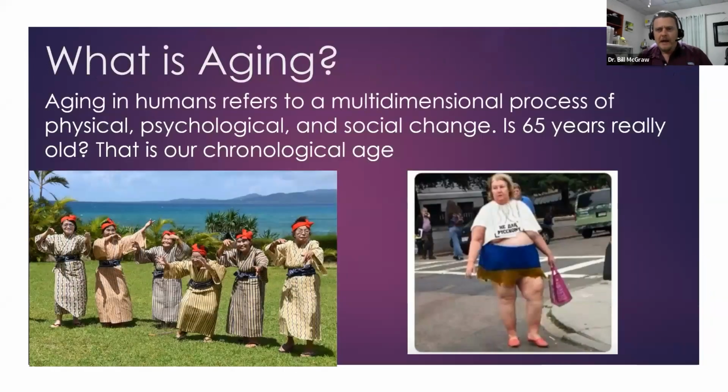So the first question I always ask when I get into this is, what are we looking at here? If we don't know what we're looking at, we don't know how to come up with the program to counter aging if we don't know what aging really is. Well, aging is a multi-dimensional process, okay, of physical, psychological, and social change. However, most people refer to aging in terms of years. So 65 years old, that's how old this woman is.